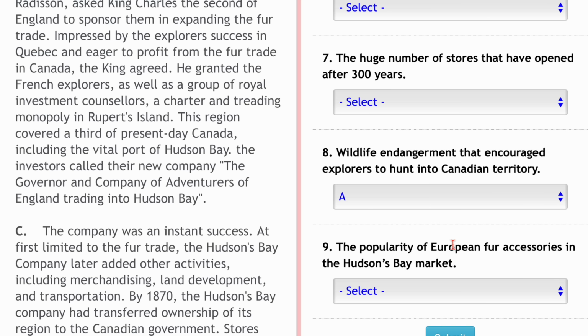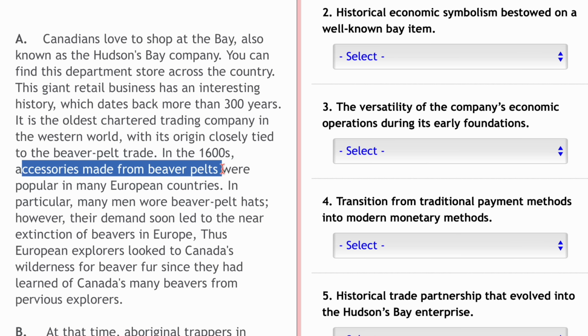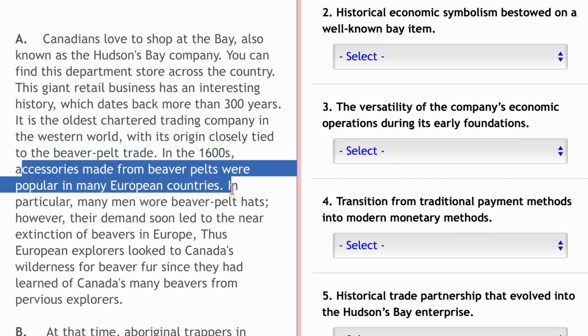How popular European fur accessories were in the Hudson's Bay market? Did it talk about that in A? Something about European fur accessories. I see that here. Accessories made from beaver pelts were popular in European countries.